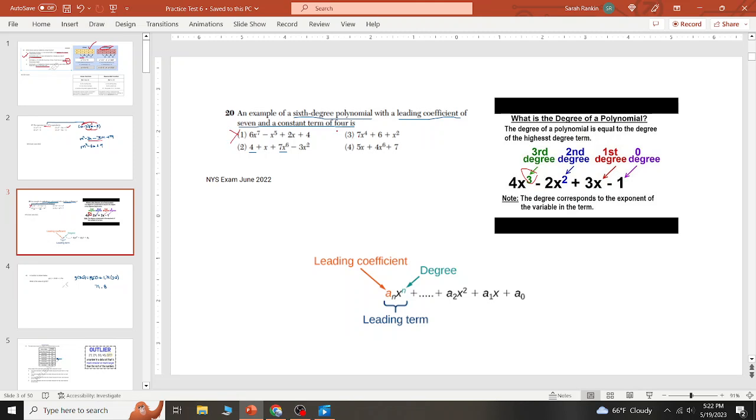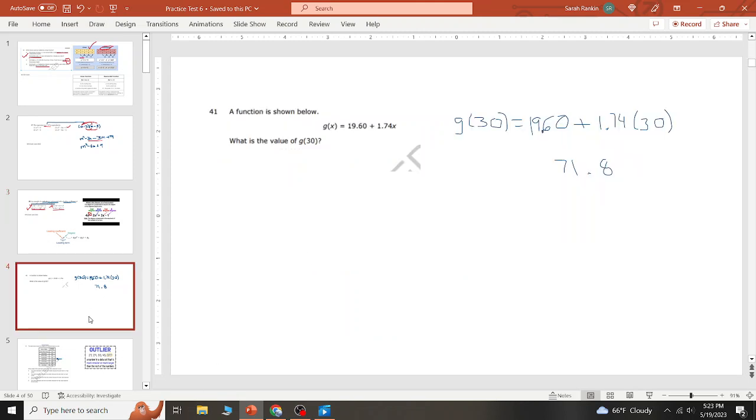Number 3 is ruled out, its highest power is 4. So we're choosing between 2 and 4. Now, the leading coefficient of number 4 would be 4, so that doesn't work because we want a leading coefficient of 7. So number 2 has a leading coefficient of 7 and a constant, which is your last term, of 4. So that's that one.